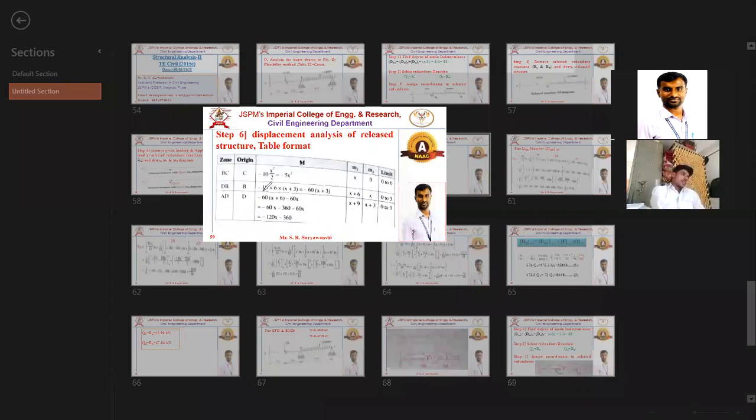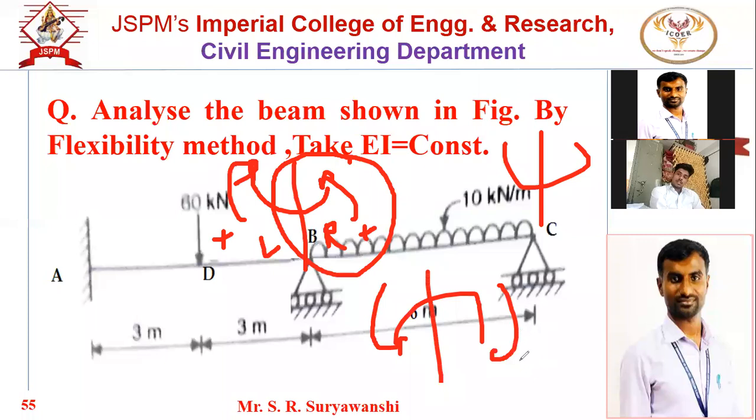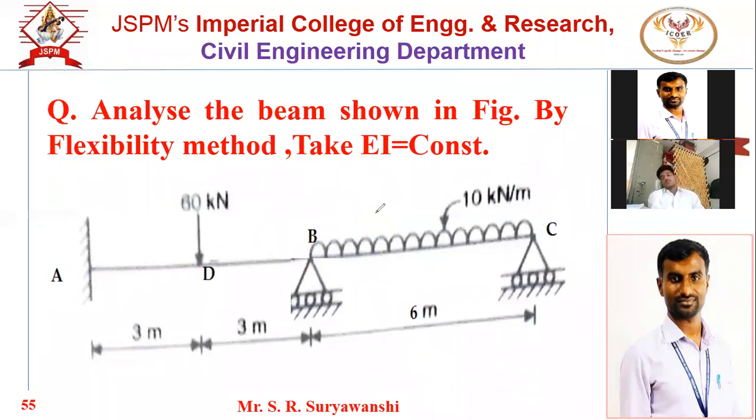So for left section under consideration, clockwise will be positive, and for the right portion anti-clockwise will be positive. Why? Because sagging we are considering positive, and hogging we are considering negative. Hogging negative means for right portion, this is the right portion, clockwise will be minus. So you can take opposite sign convention also, but here I have considered sagging positive.